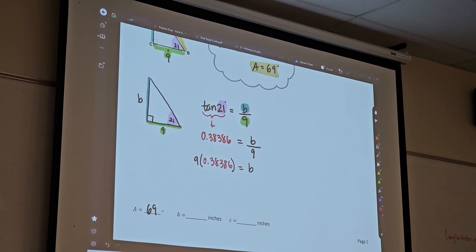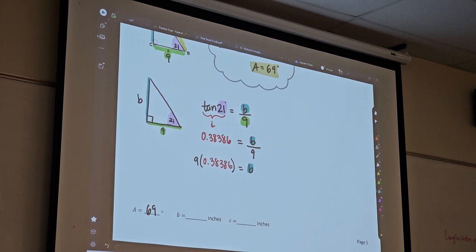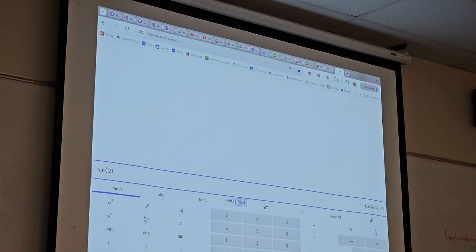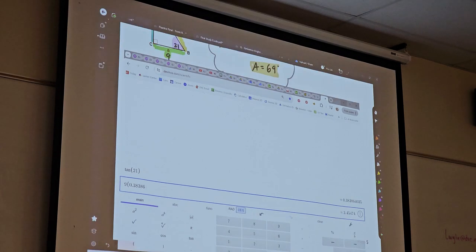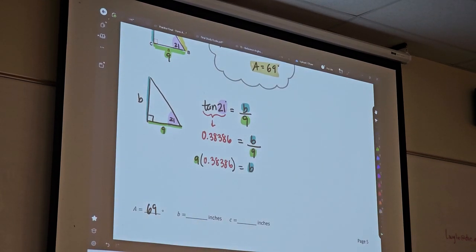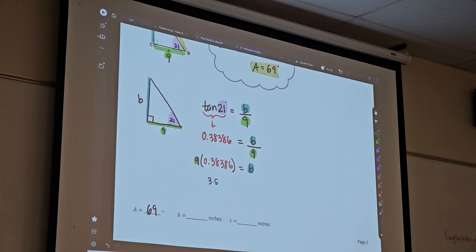So if you got the decimal approximation, you would do 9 times 0.38386. Rounding to one place, 3.5 is B.